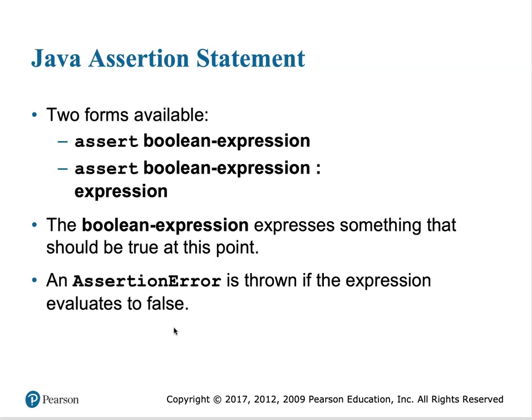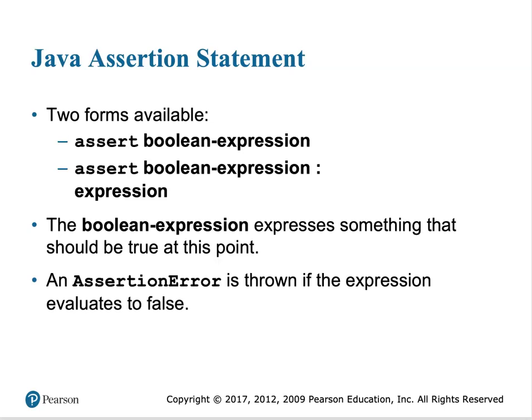So assert some comparison with an expression after it. So the Boolean expression is where we're stating something that should be true. And if the assertion fails, then it will throw an assertion error. So remember, errors are also throwable, and they're different than exceptions.